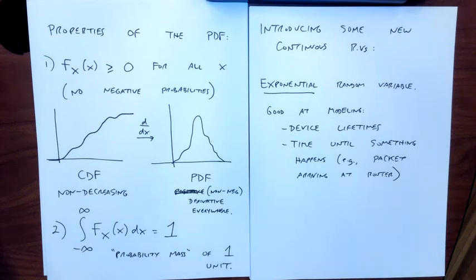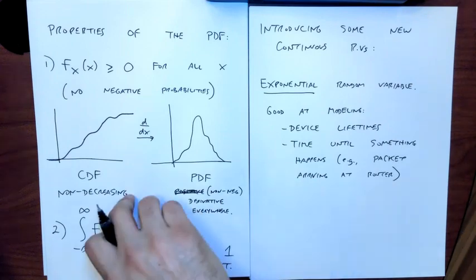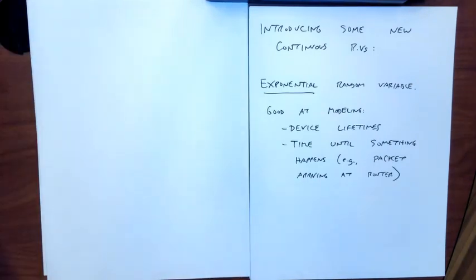All right, so now I can tell you about a new random variable just by telling you the PDF. So here it is. Just like with other random variables, the exponential is not just a single PDF, it's a family that depends on a parameter. In this case, the parameter is called lambda.